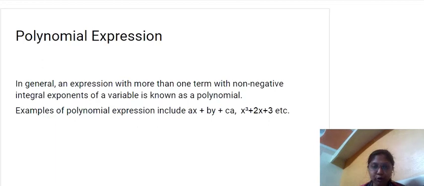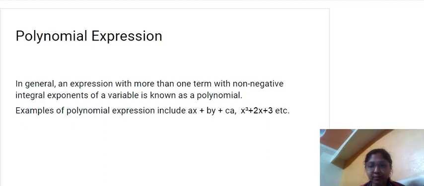Now, moving on to polynomial expressions. A polynomial expression is an expression containing more than one term. It can be 4, 5, 6, having no negative integral exponents of a variable. Say the variable here is x, so the non-negative integral exponents would be x square, x cube, x5. From the examples, we can see ax plus by plus ca.